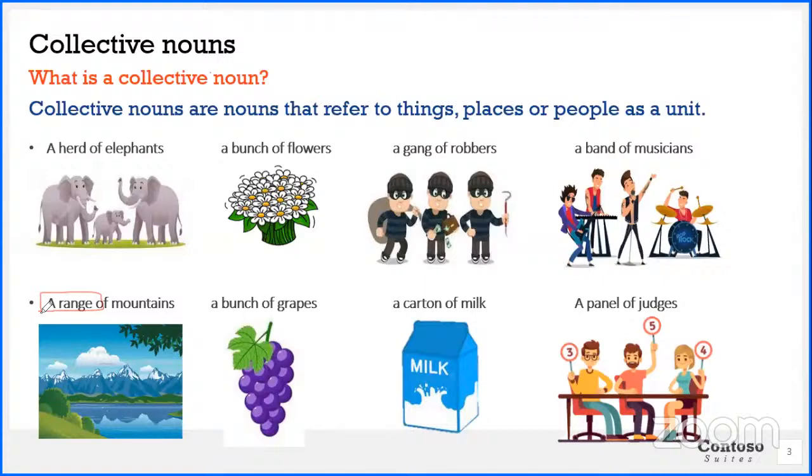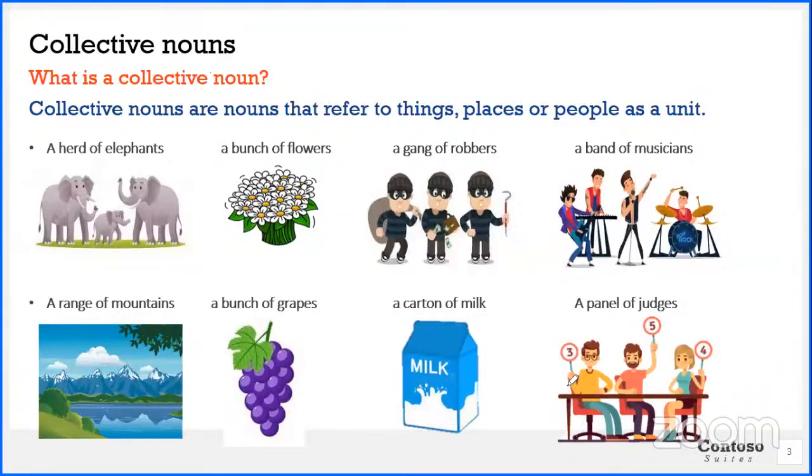Next picture, a bunch of grapes. There are some grapes in this bunch. The unit is the bunch, so we call this one a bunch of grapes. Next one, a carton of milk. This is a type of box, and we call it a carton of milk. And in the last picture, you can see a panel of judges.